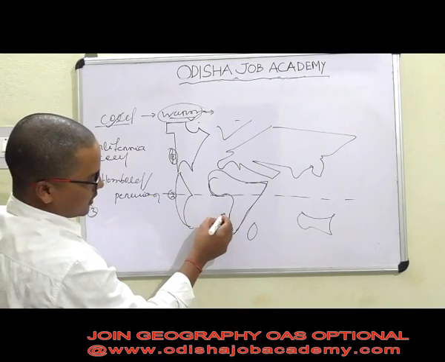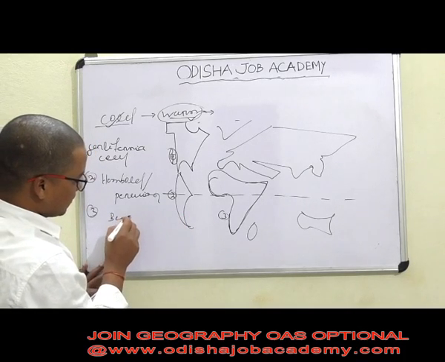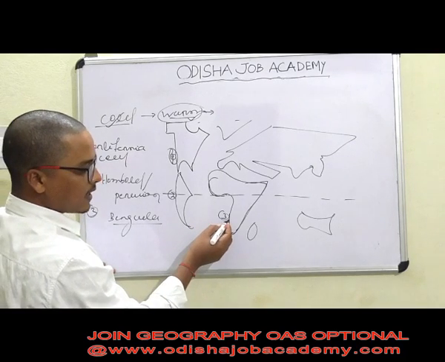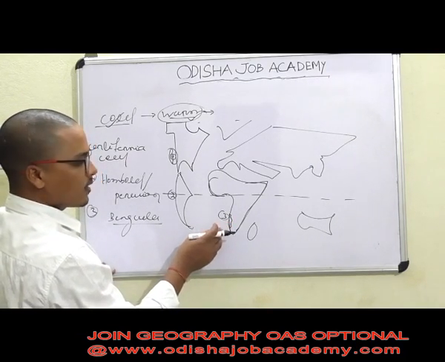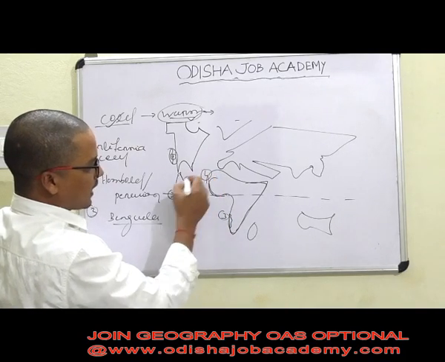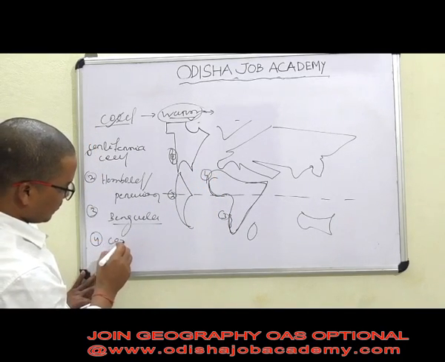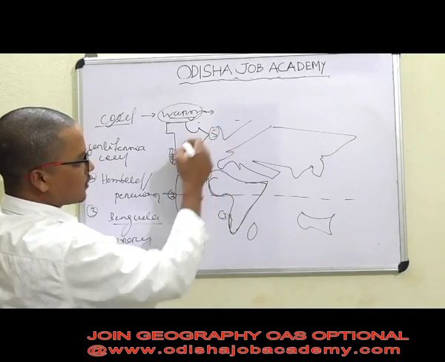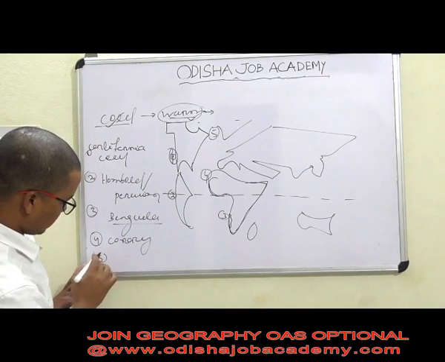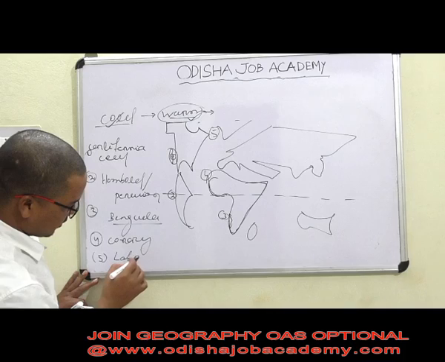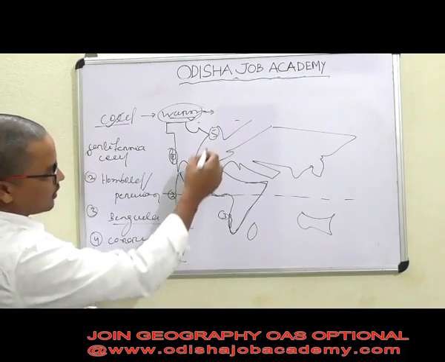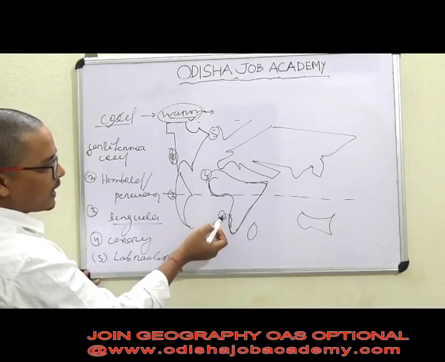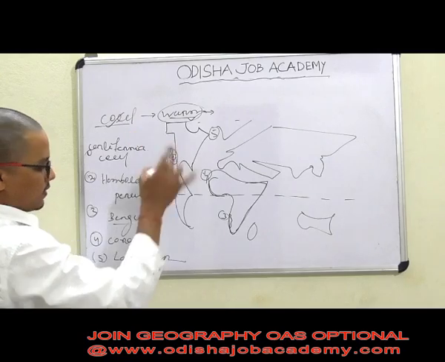Third, here is the Benguela cold current, near the Kalahari desert. Fourth, the Canary cold current. Fifth, Labrador. So first is the California cold current, then the Peruvian, Benguela, Canary, and Labrador.